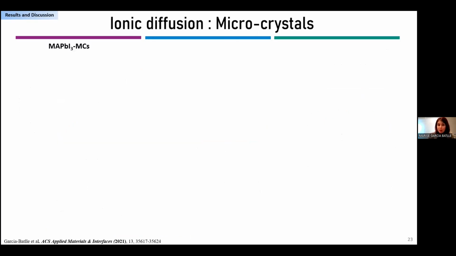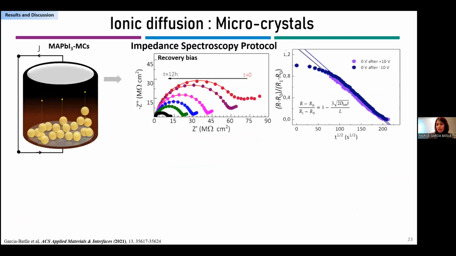We use the same approach in our microcrystalline samples, or pellets, methylammonium iodide pellets. And we did the same experiment. We poll our sample at different bias, and this is just the recovery bias impedance spectra. So we can observe here how the impedance after 12 hours goes to this value.